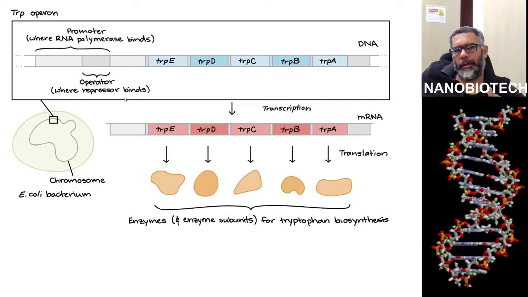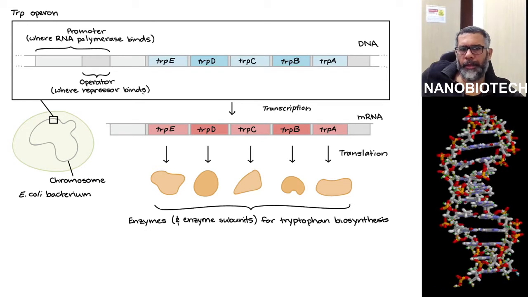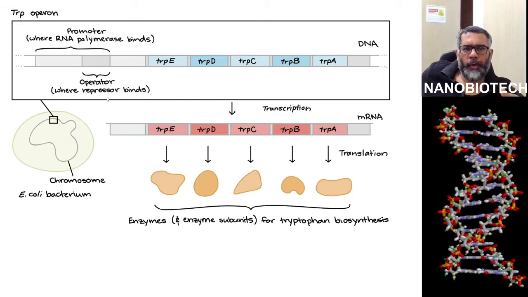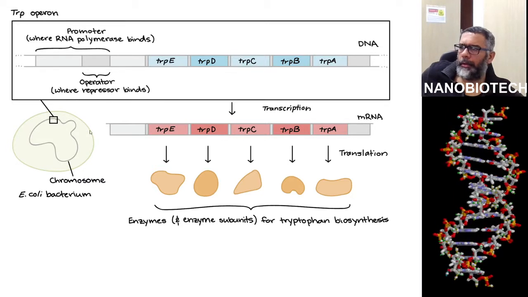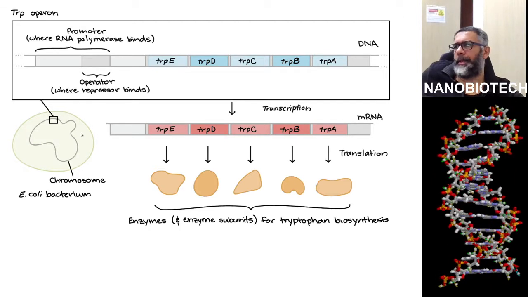Other operons are usually on, but can be turned off by a small molecule. The molecule is called a corepressor, and the operon is said to be repressible.